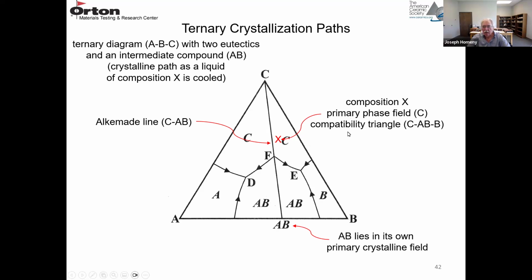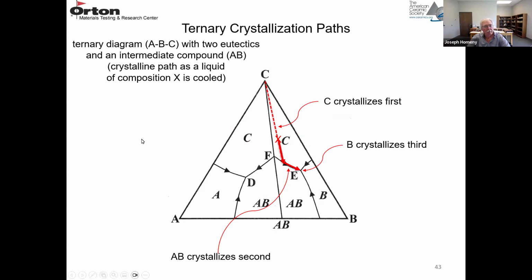So X is in the primary phase field C, so we know C is going to crystallize out first, but it's in the compatibility triangle C, AB, and B. So we draw a line.